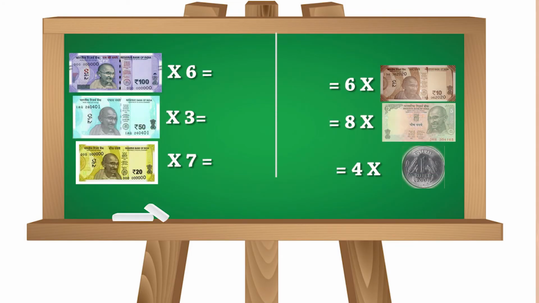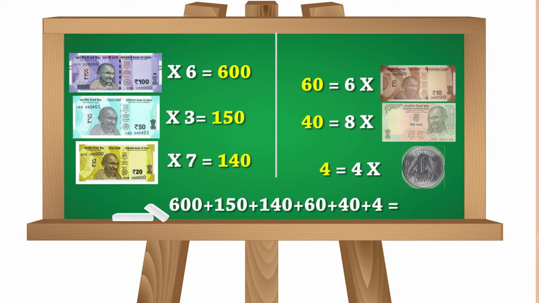So, I need to multiply 100 into 6, it gives me 600, 50 into 3 gives me 150, 20 into 7 gives me 140, 10 into 6 gives me 60, 5 into 8 gives me 40, 1 into 4 gives me 4.